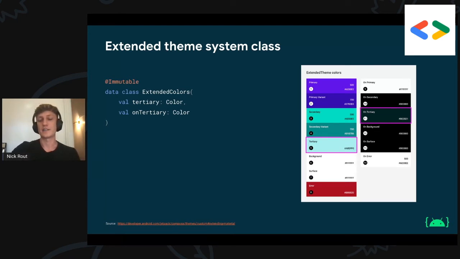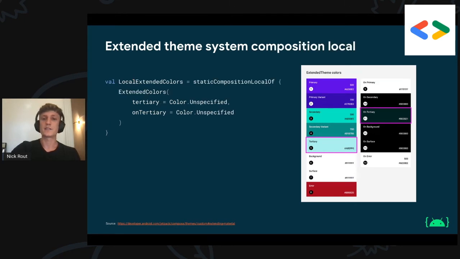There's a bit more detail around that in the documentation, and I won't go into it too much right now, but there are links to that in the docs on developer.android.com, again linked in the slide. So we've made a simple data class with two values, tertiary and untertiary. We then need to create a composition local of that. So we're again using static composition local of, passing it an extended colors instance, which is just going to be our default values.